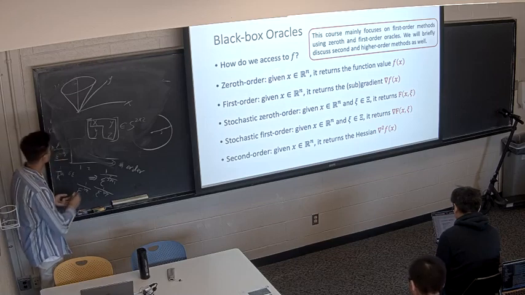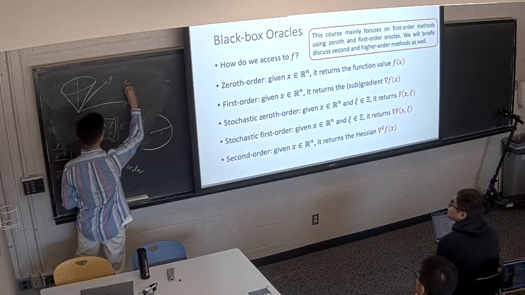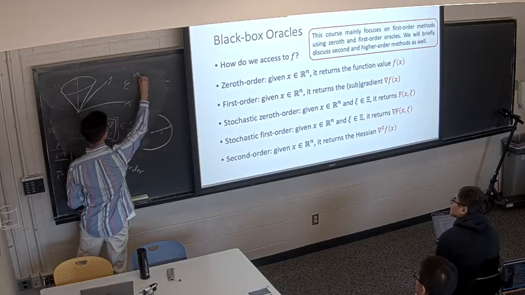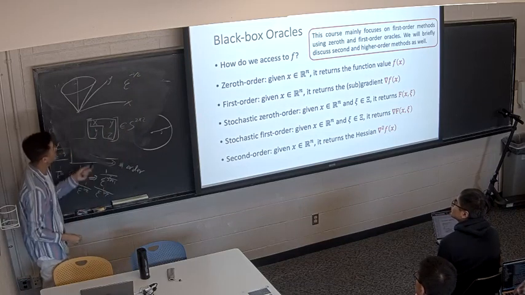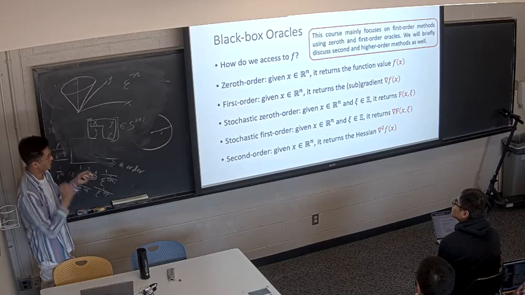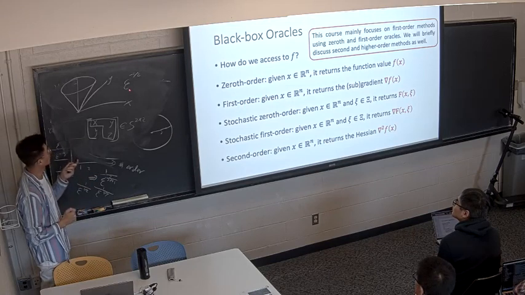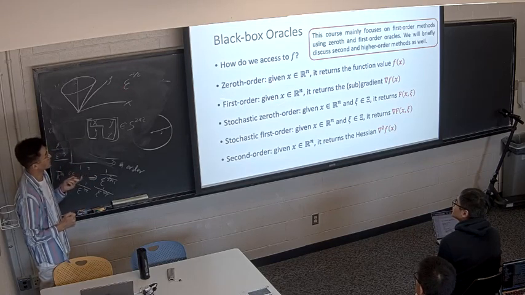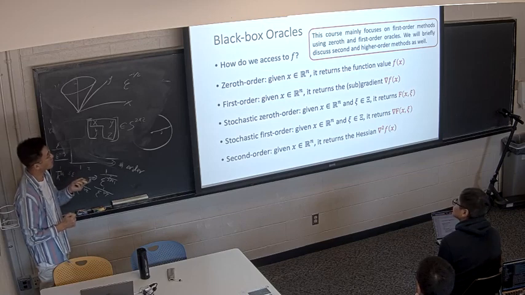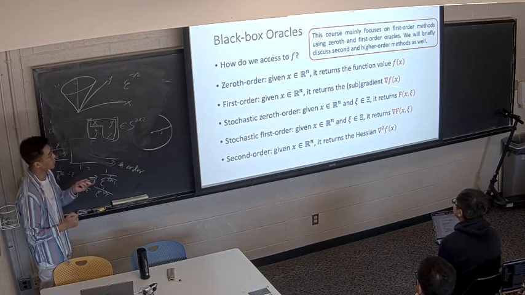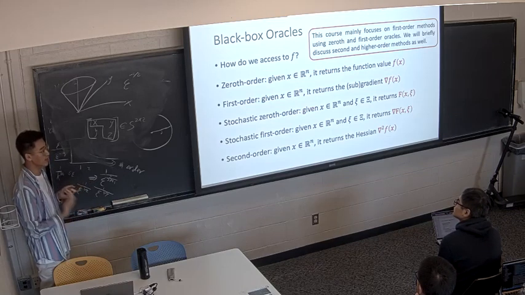So the complexity I gave before, like epsilon to the -1/2, is the number of first order oracle calls. I need to call this number of gradient oracles to solve the problem, to find an epsilon solution.